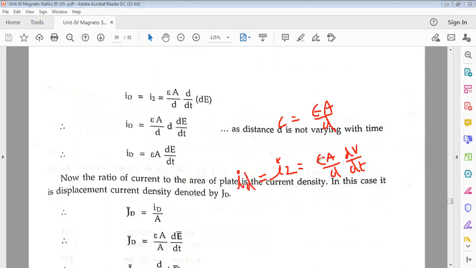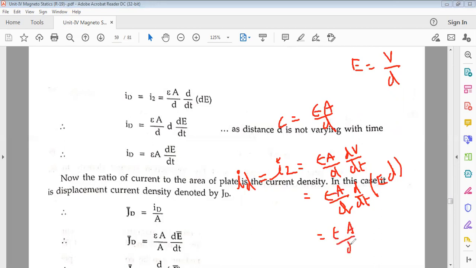ID is equal to epsilon A by D, d by dt of V. In terms of the applied voltage, E is equal to V by D, and V is E into D. D is a constant, so bring it outside, and d by dt of E. The D gets cancelled.